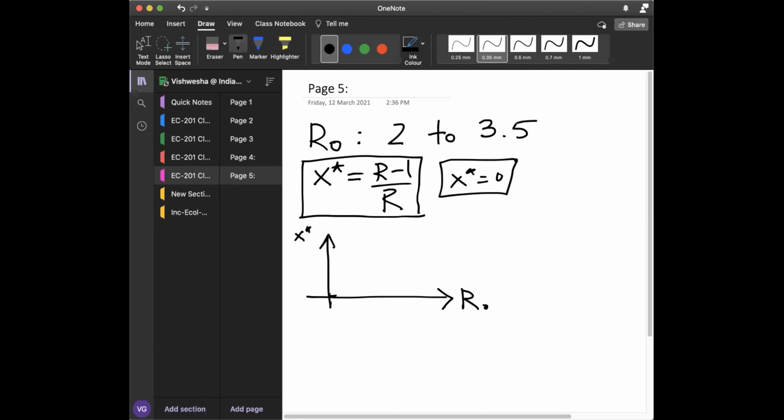We already know that one equilibrium is 0, and the other one is this: 1 minus 1 divided by R0, for R0 between 0 and 3.5. Because we're looking only up to 3.5, plot this X star. Okay, that's the first thing you will do.